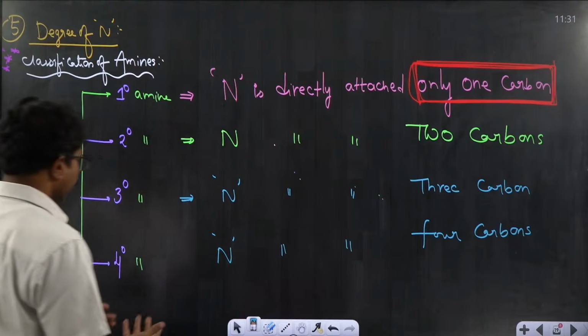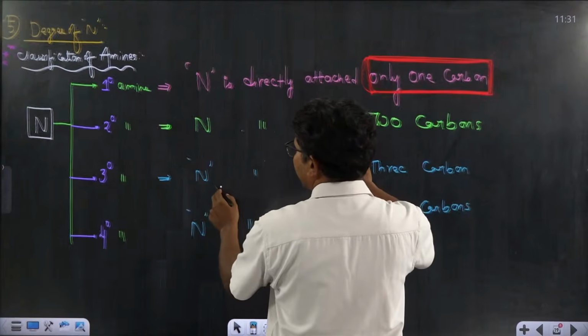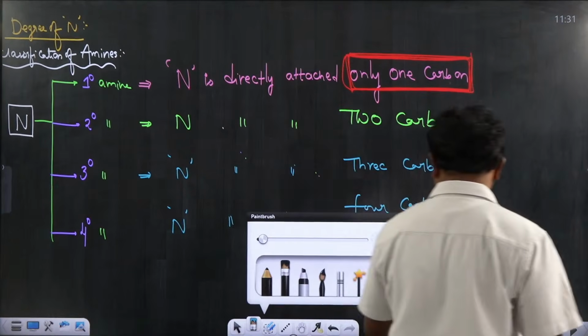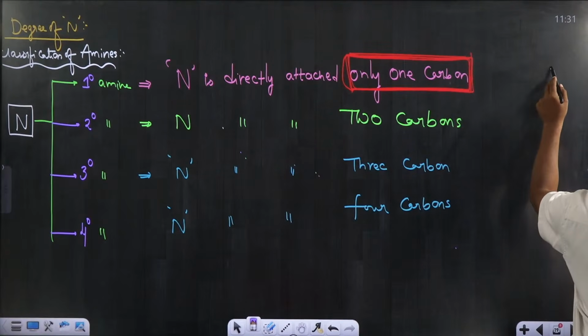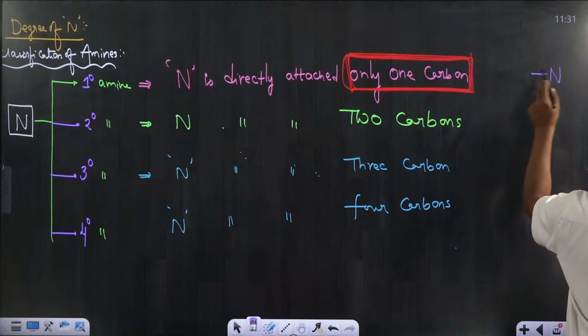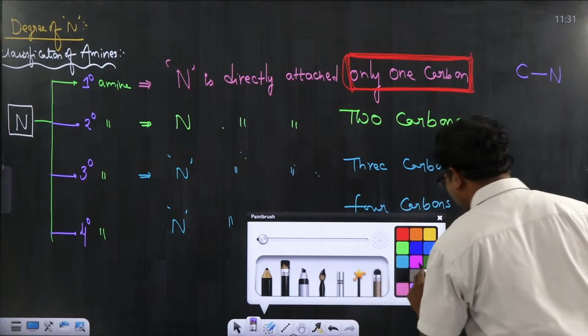Let me represent the identification of 1-degree, 2-degree, 3-degree and 4-degree amines in an easier way. So what is actually the primary amine? Primary amine is the one in which nitrogen must be directly attached to how many carbons? It is only one carbon.